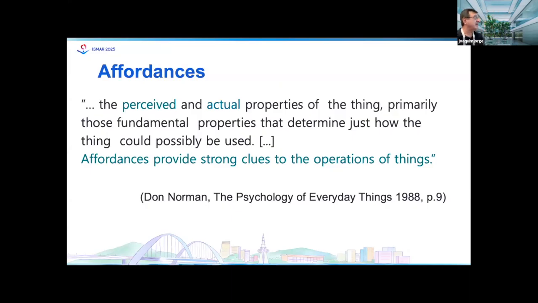I first learned about affordances in this wonderful book by Don Norman, The Psychology of Everyday Things. Now he changed it to The Design of Everyday Things because of the publisher, but I think Psychology is much better, so I still stick to The Psychology of Everyday Things.